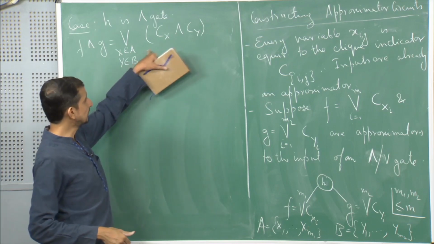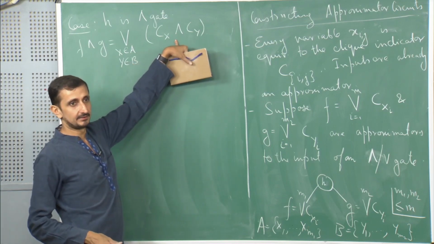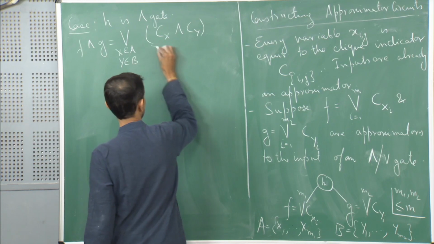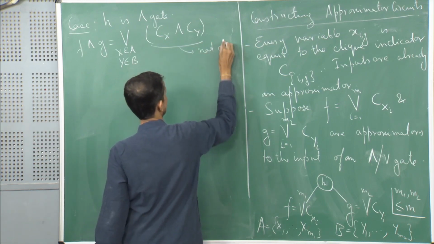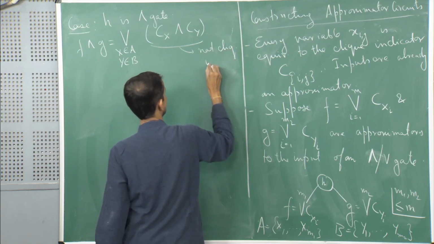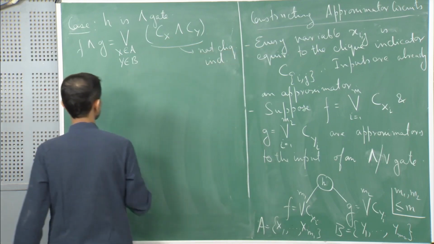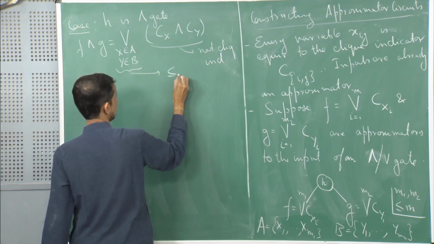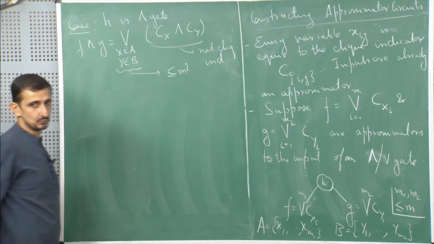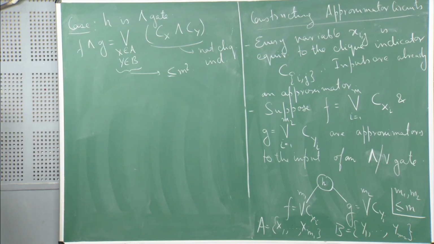This is not an OR of clique indicators, right. So, first problem is that these are not clique indicators, and secondly this quantity is at most m squared. So, we have to handle both.